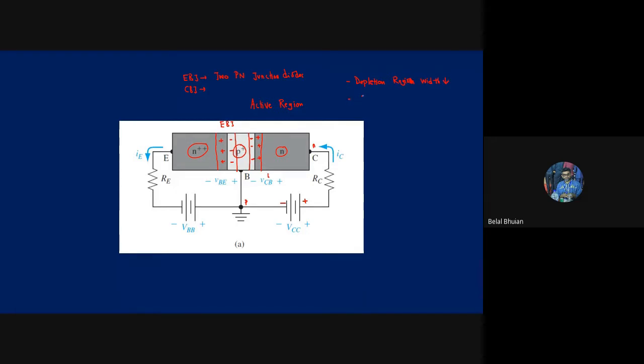Therefore the electric field becomes smaller, and the barrier voltage becomes smaller. All those things happen, which means the diffusion process restarts.